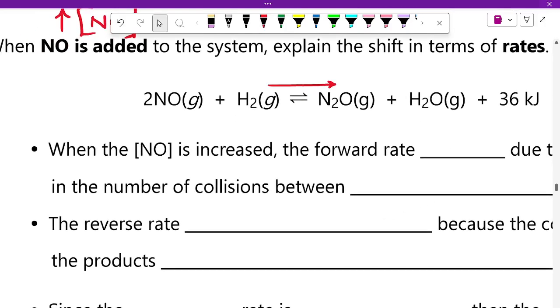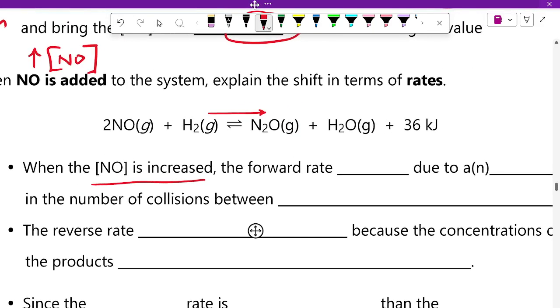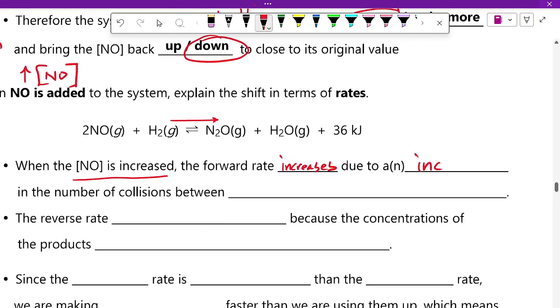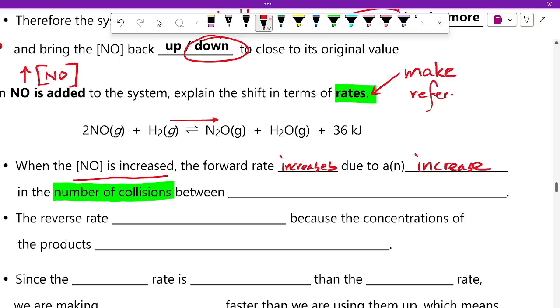Okay, so when NO is increased, the forward rate increases due to an increase in the number of collisions. Because this is rates, make reference to collisions between reactant particles.